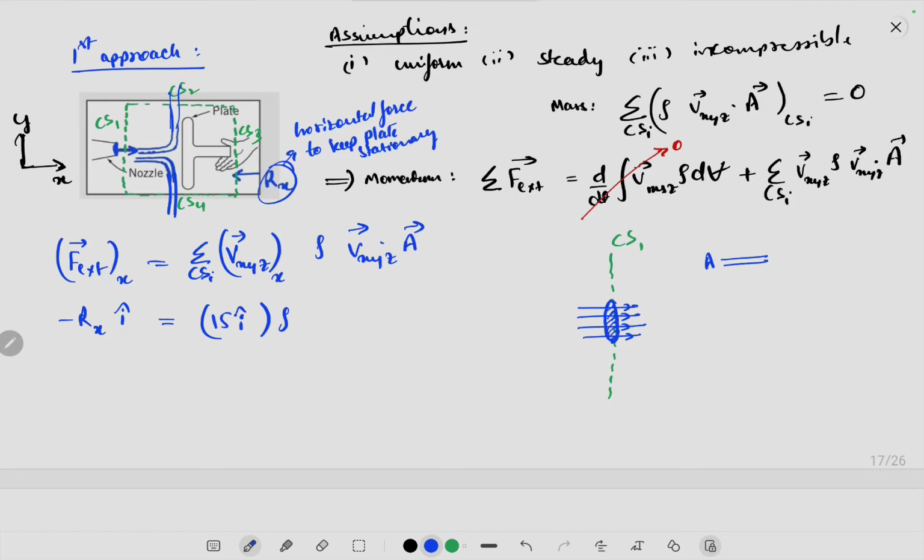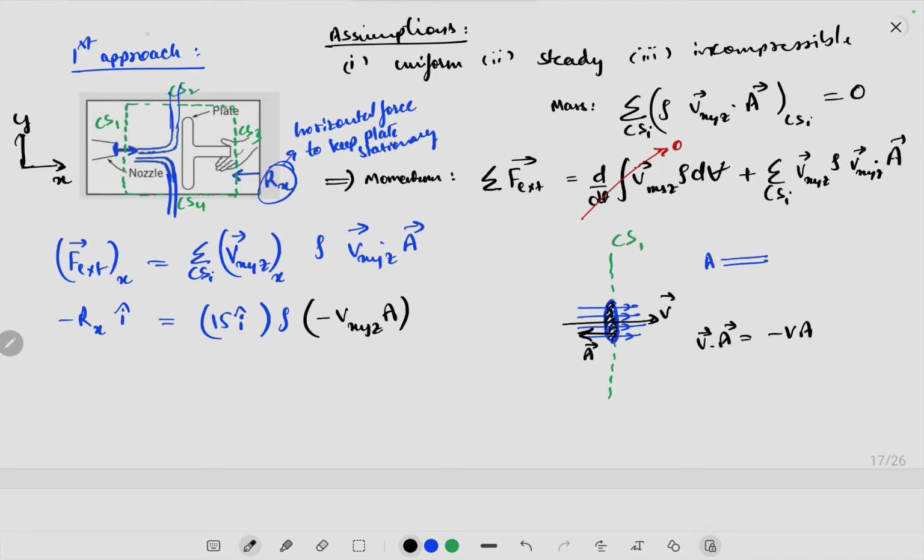So the velocity vector is this, and the area vector is this, right? So what would be V dot A? It would be, in this case, equal to minus VA. Okay, let's write this as Vxyz A, where this is area A, and this is multiplied.